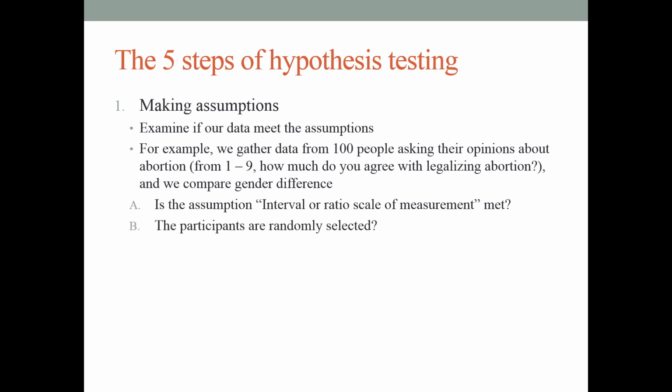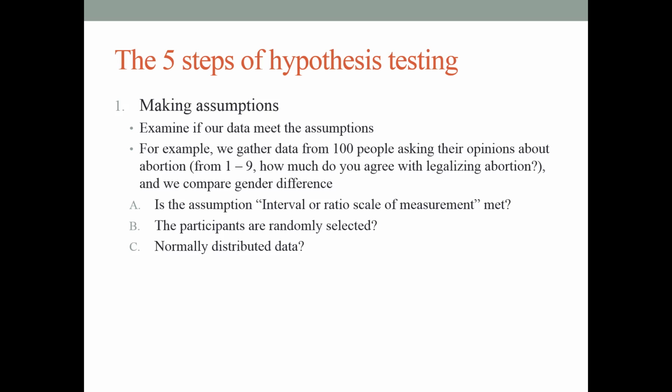Now, the second one is the participants are randomly selected. We can pretty much just say no, it's not met because in psychology we pretty much never meet this assumption. Is it normally distributed data? We need to be exactly sure, we need to see the raw scores. However, I think it's in your book.